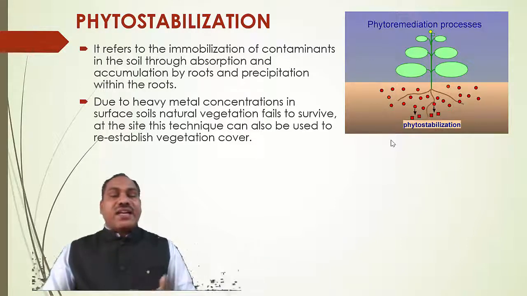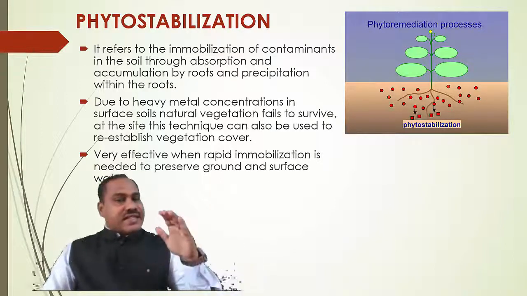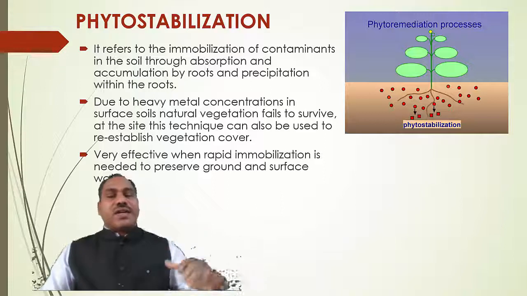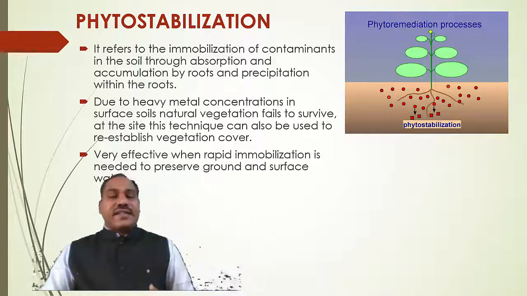It is very effective when rapid immobilization is needed to preserve ground and surface water. So revegetation is a very important process, by which we can stabilize the contaminant in a particular locality so that it will not spread to other regions.